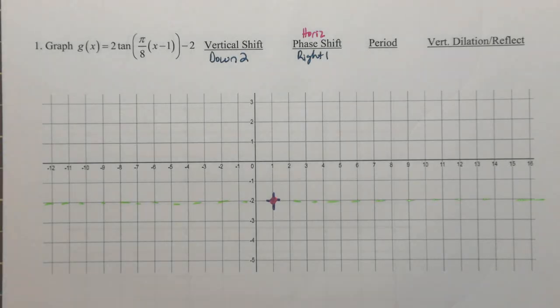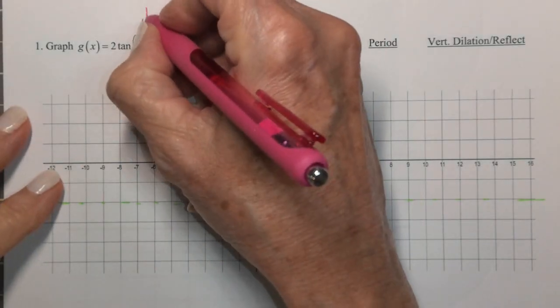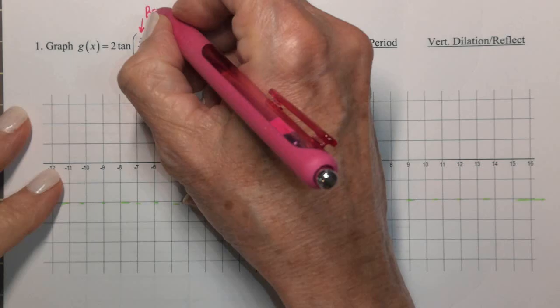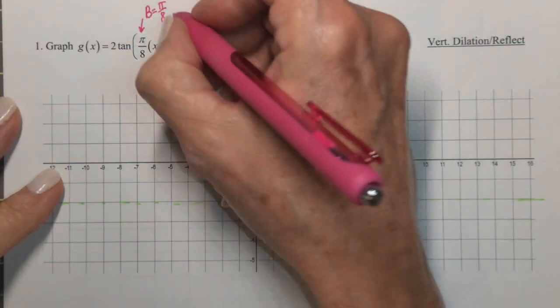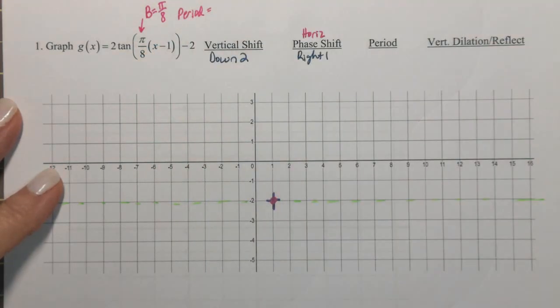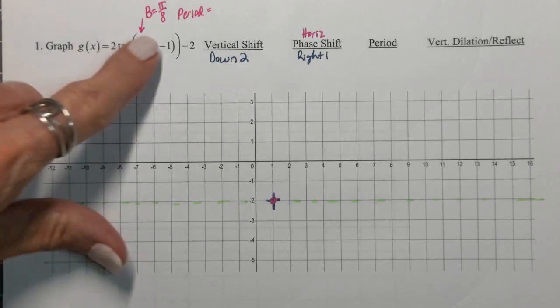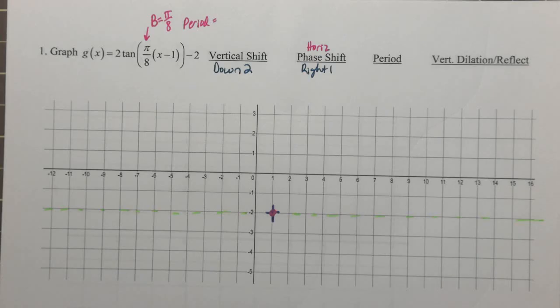Okay. Now I need my period. B is pi over 8, right? To get the period, I take the normal period for tangent and divide it by b. But what is the normal period for tangent?